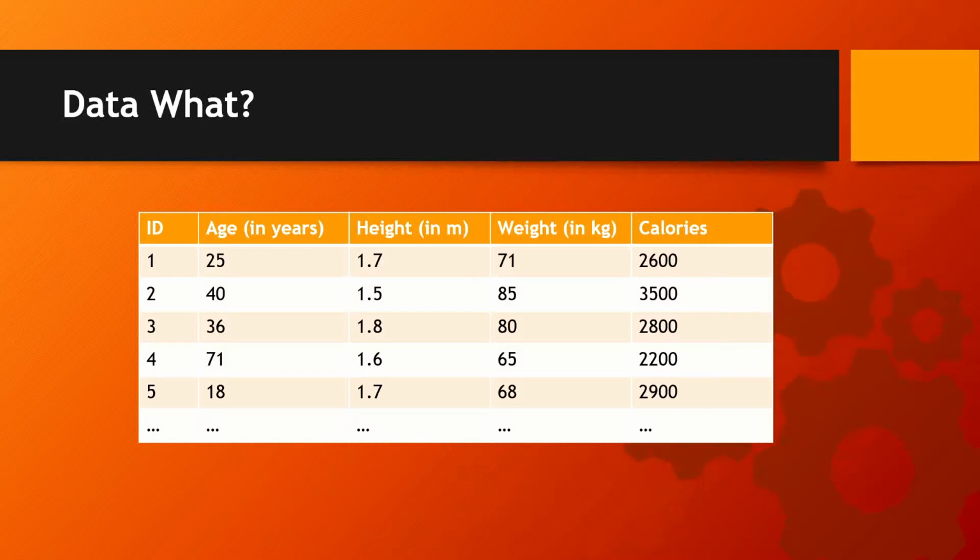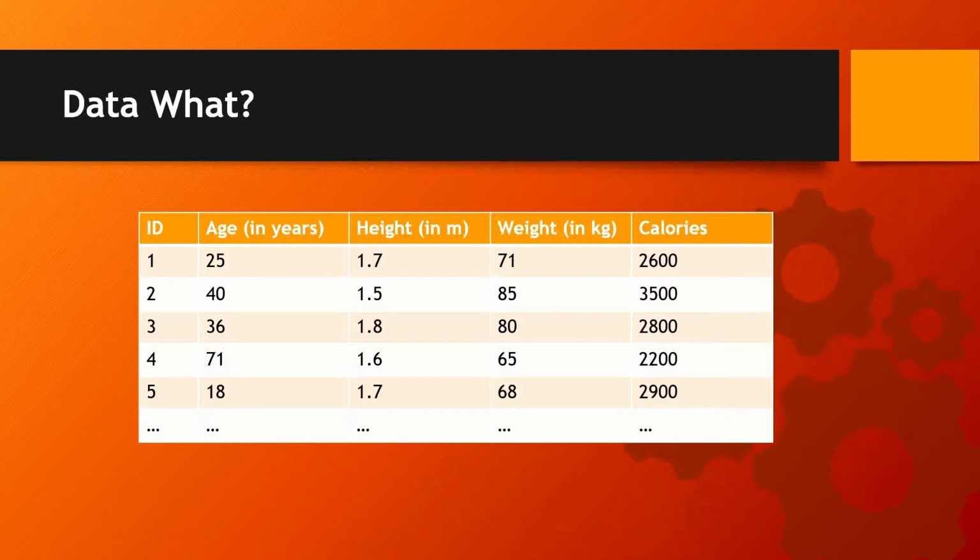So you can assume that you are working in the healthcare department of a government and you have access to this following data. The first column of the data has an identification number which will help you identify the people in the data set. The next column has age, followed by height and weight.